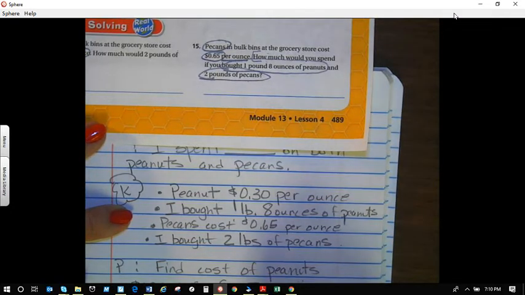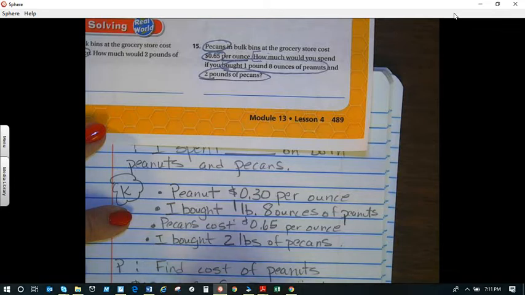I convert pounds to ounces. Add. Oops, not and. Add. I even said the word add. To 8 ounces that I already have. Then multiply by 30 cents.